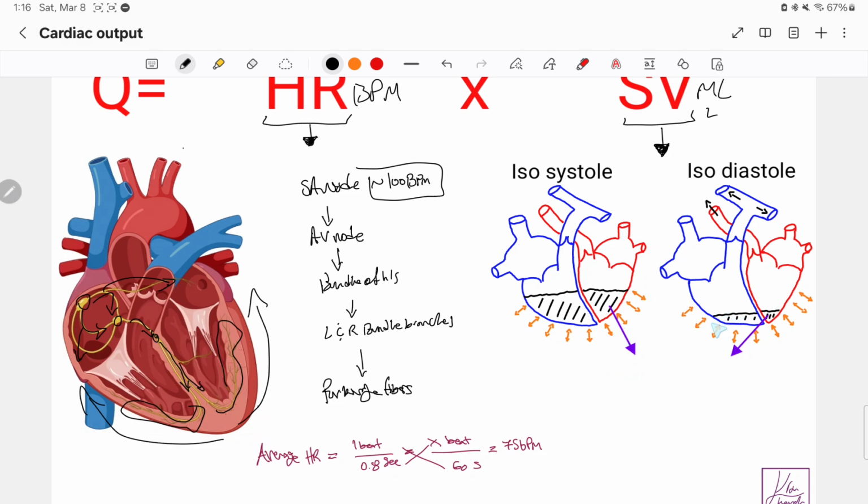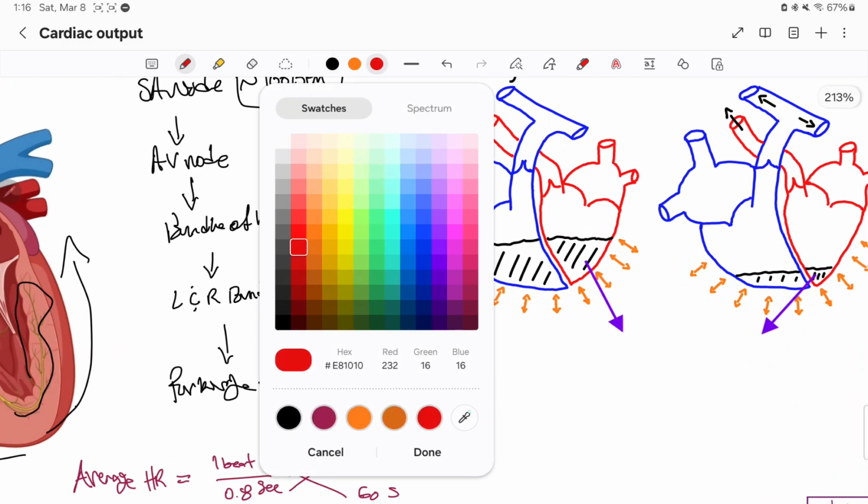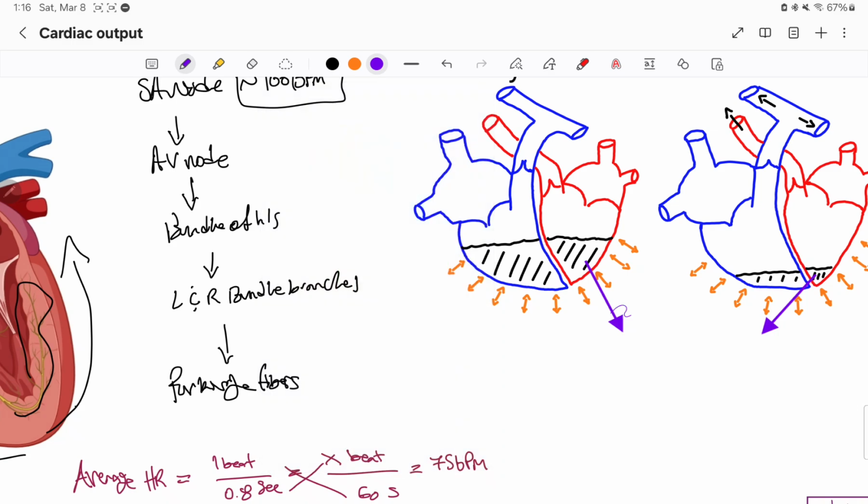Again, if you're interested in more detail, go and watch that video. But in the isovolumetric systole, okay, we essentially have a volume of blood that is remaining from the preceding diastolic phase. And that volume of blood that is inside of this actual ventricle at this current moment in time is called the end diastolic volume. And in that video, we said that it was going to be around 135 milliliters.